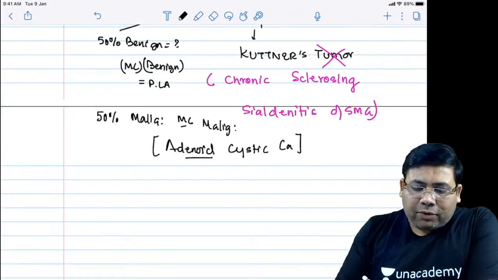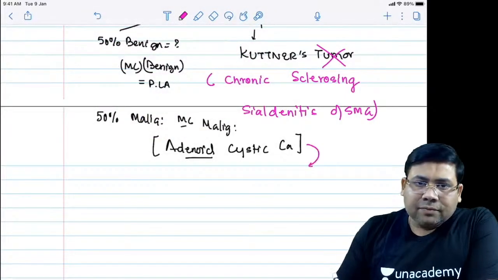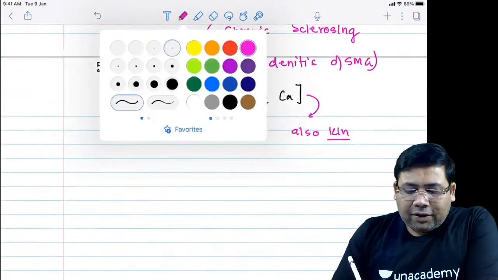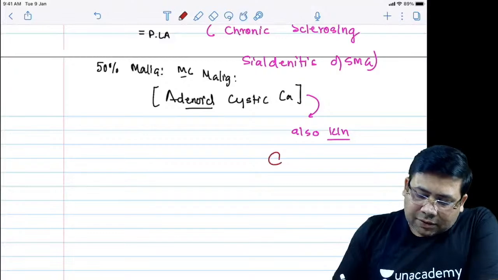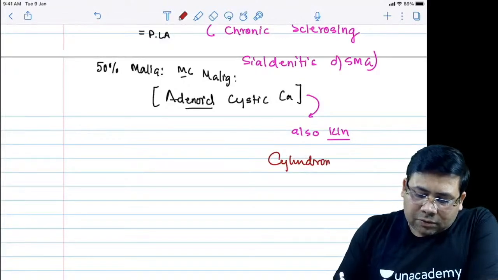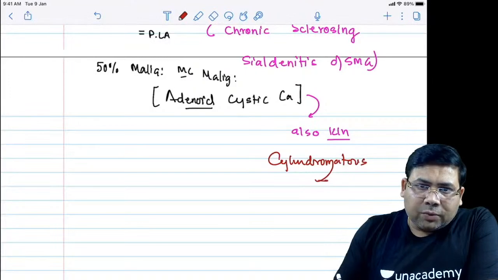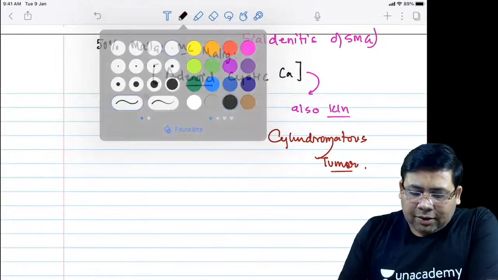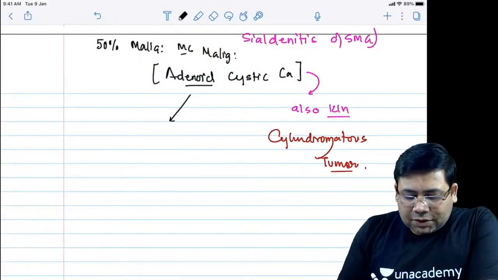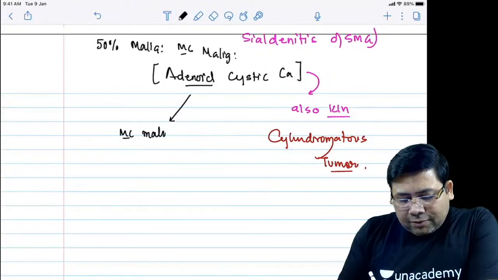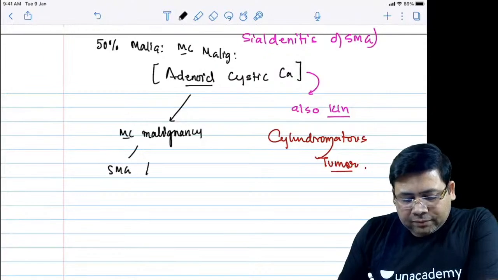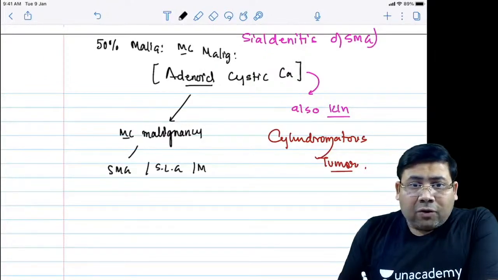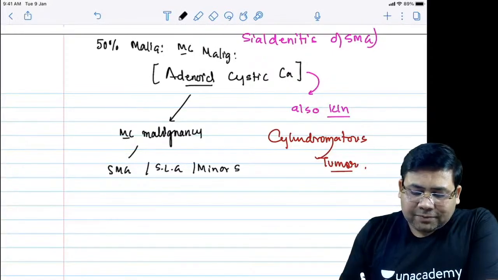Do you know two or three important points about adenoid cystic cancer? This is also known as cylindromatous tumor. One more very important thing is that adenoid cystic is the most common malignancy of the submandibular gland, sublingual gland, and also minor salivary glands.